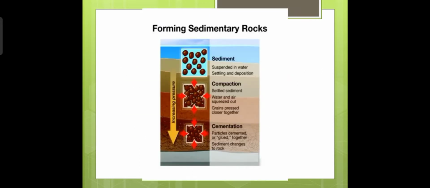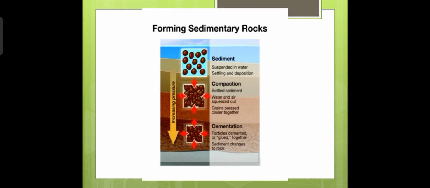Forming sedimentary rocks. First is sediments suspended in the water settling and deposition. Sediments are solid material that is removed and deposited in a new location.